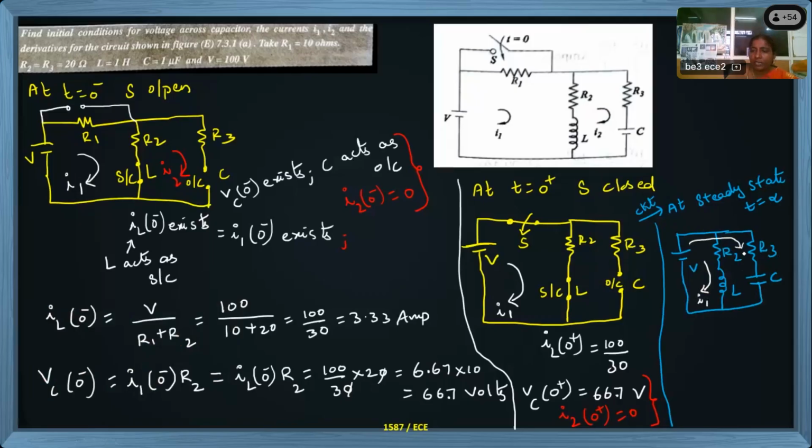I2 current I will take here. I need the current in the capacitor branch. Okay, I2 or I. Now I will write the KVL equation. I am going at t equal to infinite: voltage, resistor, inductor, another resistor, capacitor.